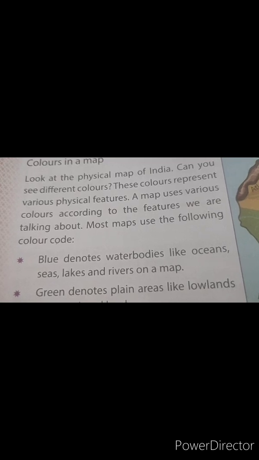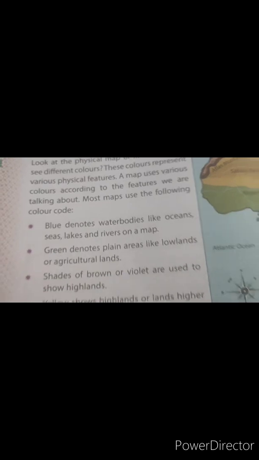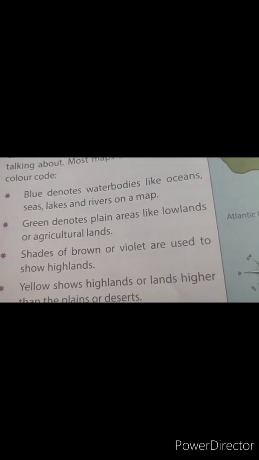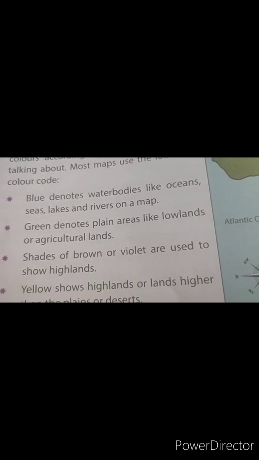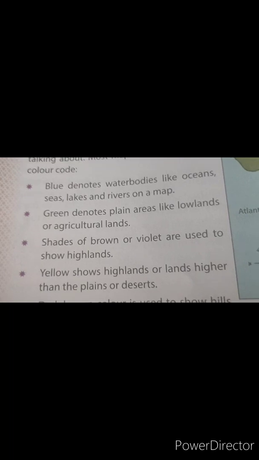A map uses various colors according to the features we are talking about. Most maps use the following color code: blue. Blue denotes water bodies like oceans, seas, lakes, and rivers on a map.